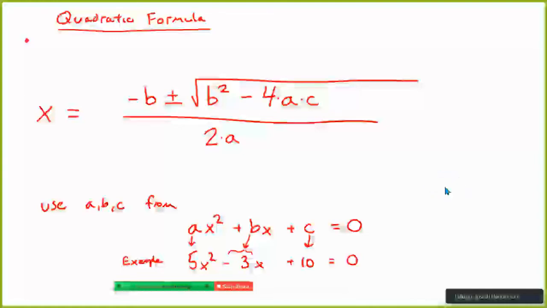Here we go. Let's try example 1. Remember, all of our problems in this unit give you some quadratic equation, just like this. Here's example 1: 3x squared plus 4x minus 12 equals 13.